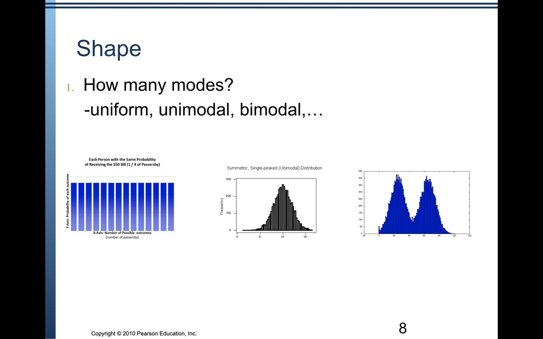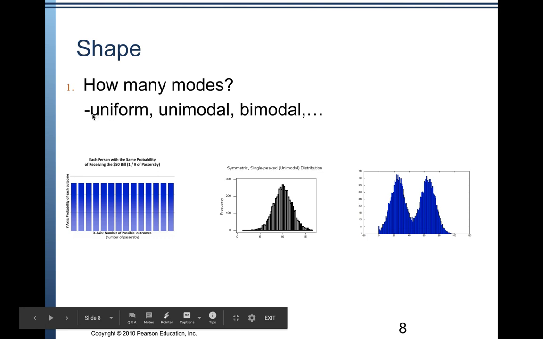So when we talk about how many modes, we could have a shape that is uniform, unimodal, or bimodal. They're all pretty self-explanatory, and I have a picture example of each.